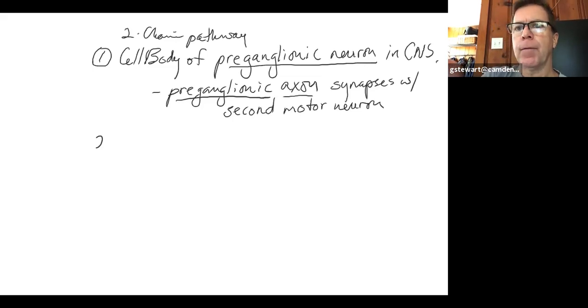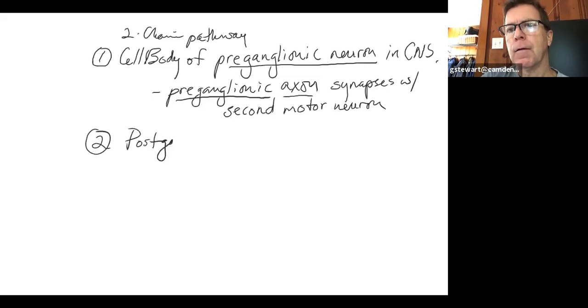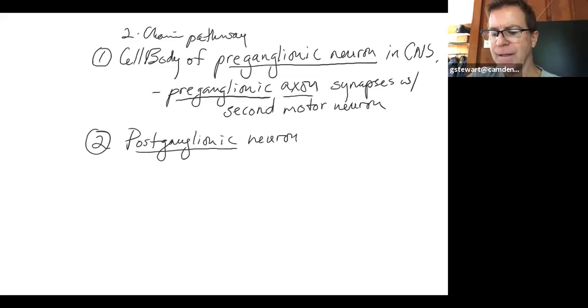Okay. Second bit of this is that the postganglionic neuron has a cell body in an autonomic ganglion outside of the central nervous system.